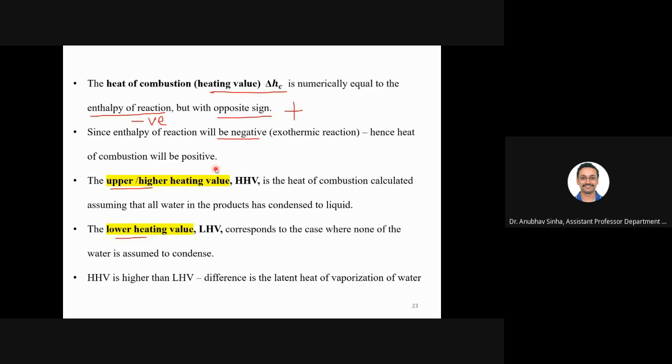So what difference will it make? If it is in liquid form, then it will also release the latent heat. When you are talking about the enthalpy of the product, which will have higher enthalpy, liquid water or water vapor?